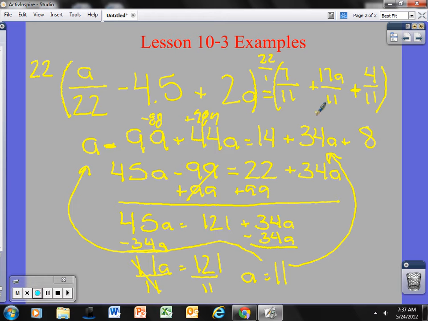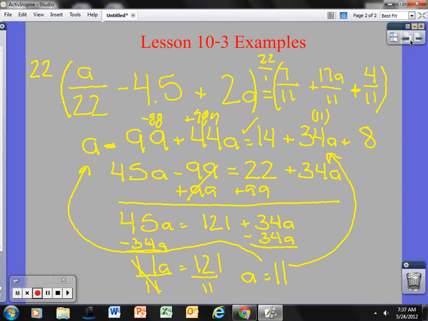Let's see if this side also equals that. Times that by 11. I have 34 times 11 equals 374 plus 14 equals 388, plus 8 gives me 396. So we are a check.